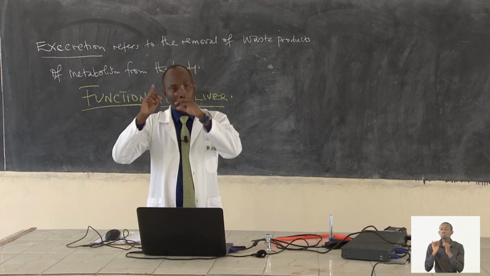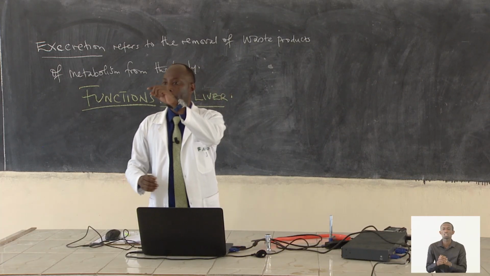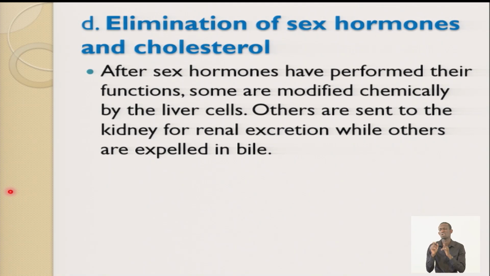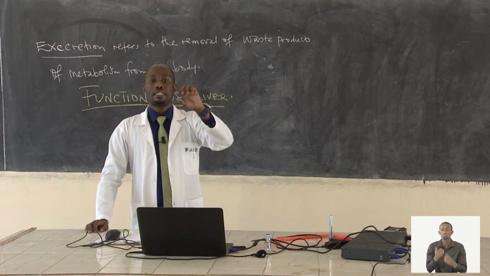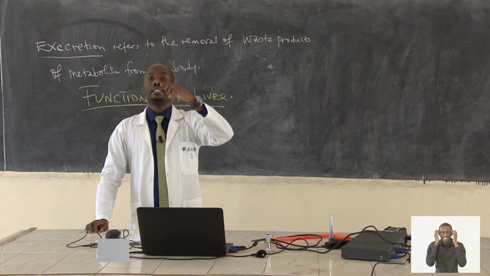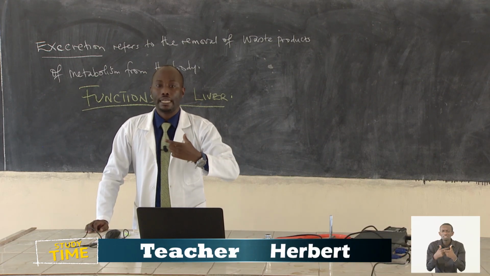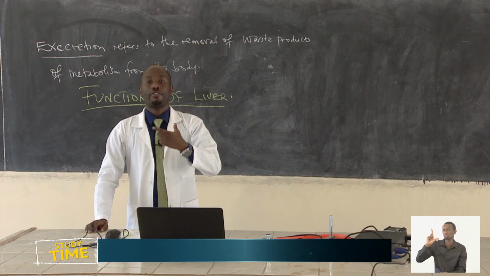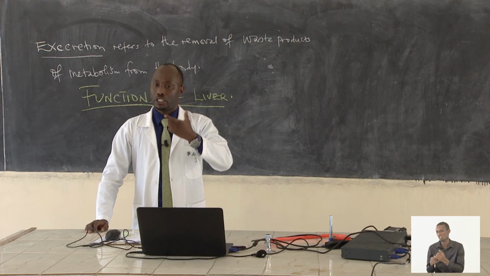It is done by the liver. Excessive cholesterol in our body can cause malfunctioning of our body, because cholesterol is very dangerous. It can cause very many diseases. Take an example, it can cause coronary heart disease and stroke. So for this cholesterol not to accumulate in our body and affect the body metabolism, it has to be eliminated by the liver. So the liver does the function of elimination of sex hormones as well as cholesterol.